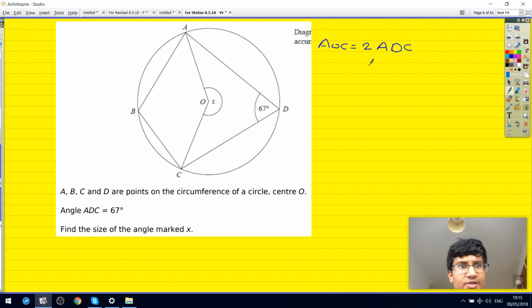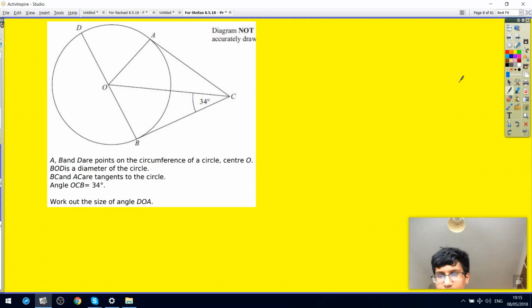Okay, how about this one? So I'll draw the diagram again.